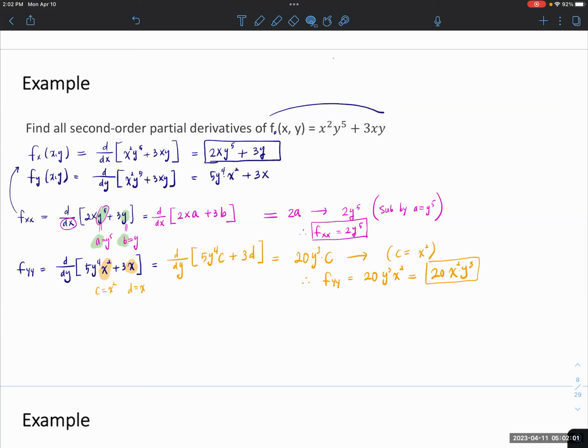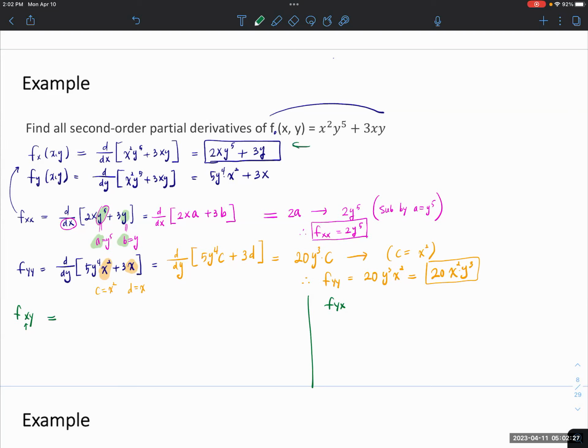All right, the third and fourth, xy and yx. Let me make a space for two. Let's say we're going to do xy here, and here we're going to do yx. Step 1: you already took the partial differentiation with respect to x.